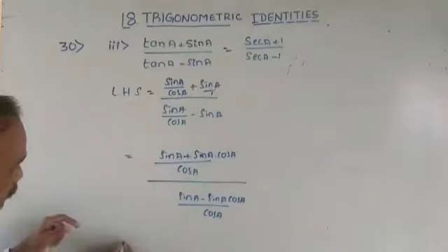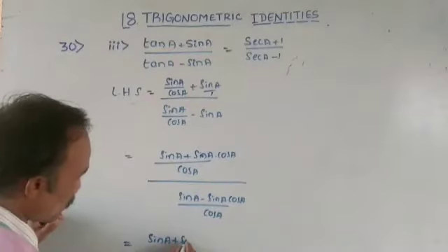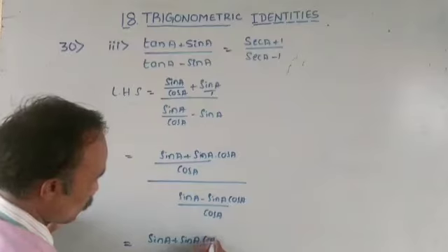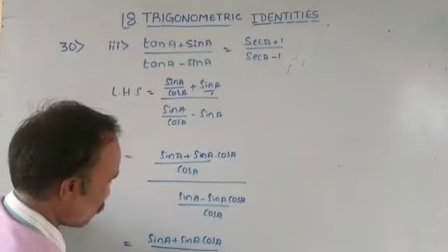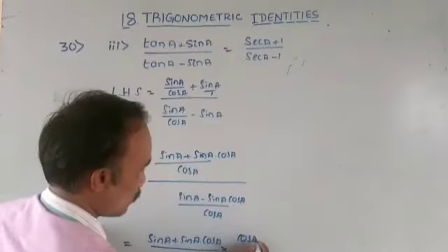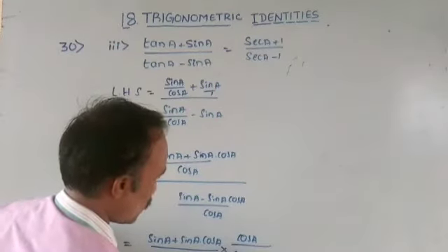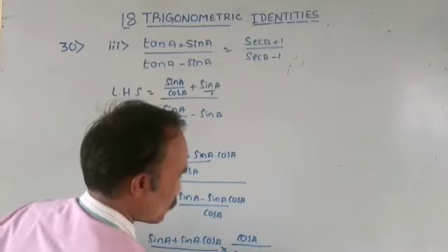So this is equal to (sin A plus sin A into cos A) divided by cos A, into, make it reverse, so cos A divided by (sin A minus sin A into cos A).